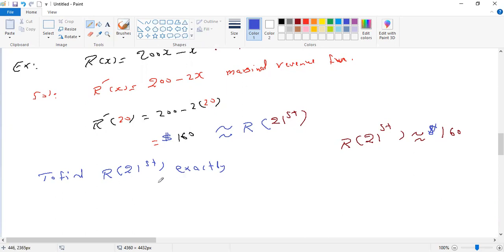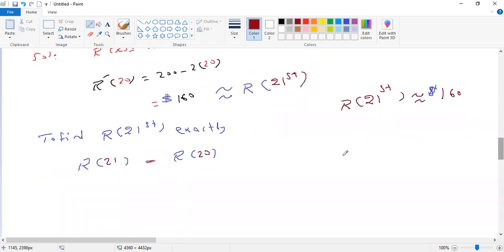But exactly, in this case, we have to find R of 21 minus R of 20. Why? Because R of 21 means the total revenue from the sale of 21 units, and R of 20 the total revenue from the sale of 20 units. So 21 minus 20 gives us the revenue from the sale of the first unit after 20.